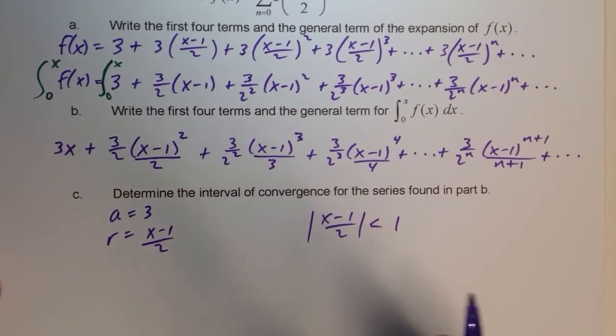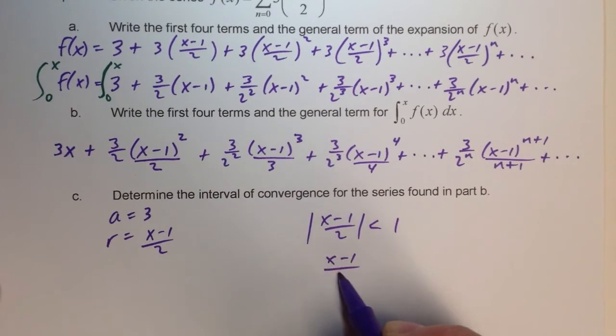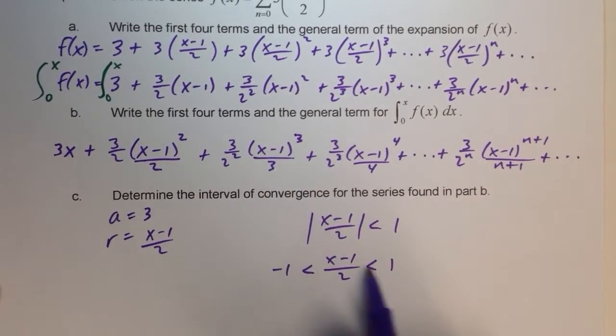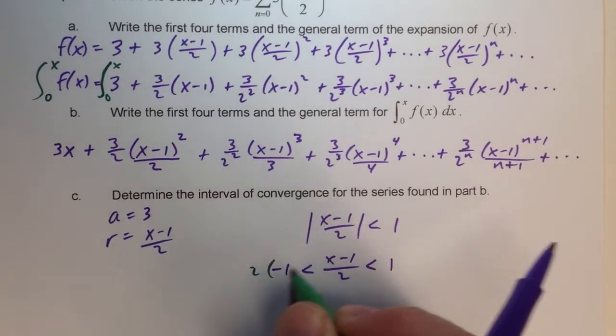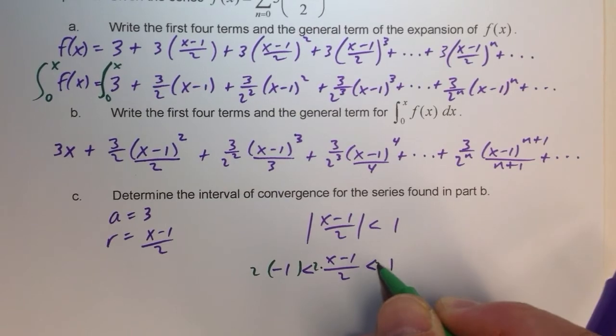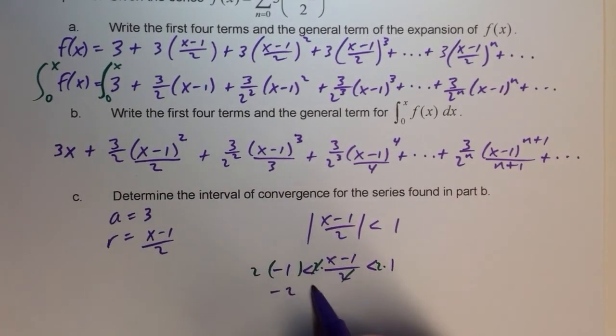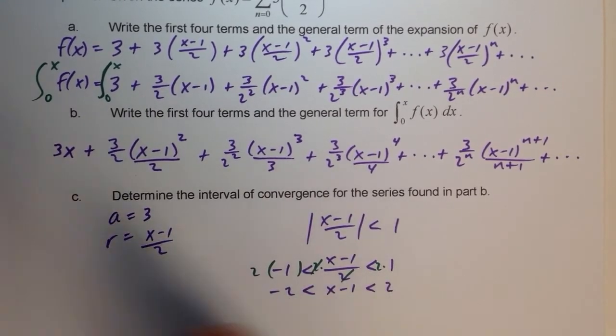How do we deal with that? Well, the same way that we dealt with it before. (x minus 1) over 2 is greater than negative 1 and less than 1, so it has to be in between these two numbers. When you multiply every term by 2, these cancel, and we get negative 2 on the left, x minus 1 in the middle, and 2 on the right.